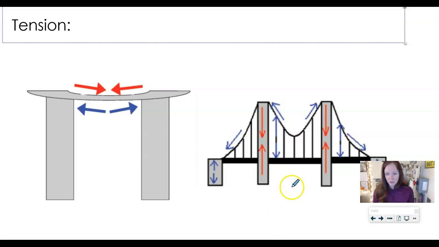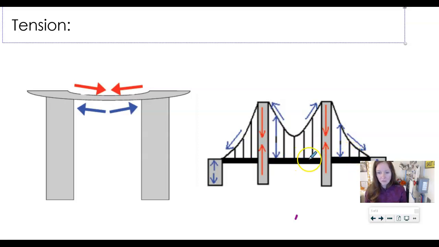Now a suspension bridge takes advantage of tension and transfers that throughout the bridge. So we know that in a suspension bridge, the roadbed is being supported by the cables. Now the cables are pulling, stretching, holding up that roadbed. And it seems like it would be kind of counterintuitive that you would not want all that load put on those cables.